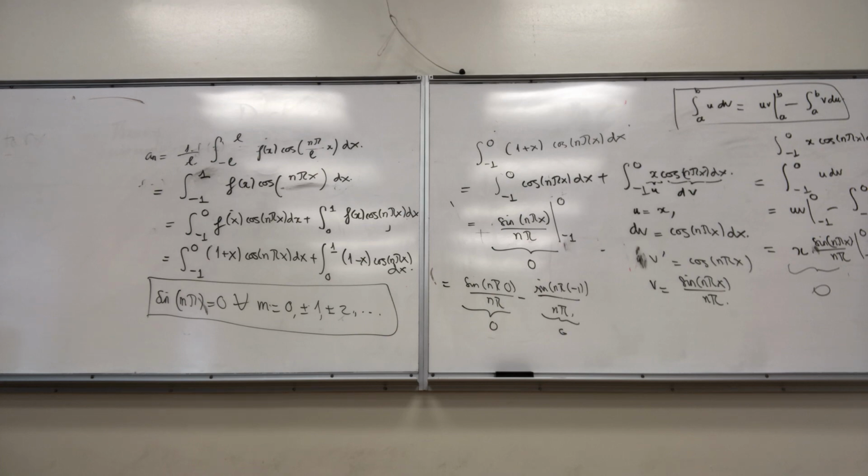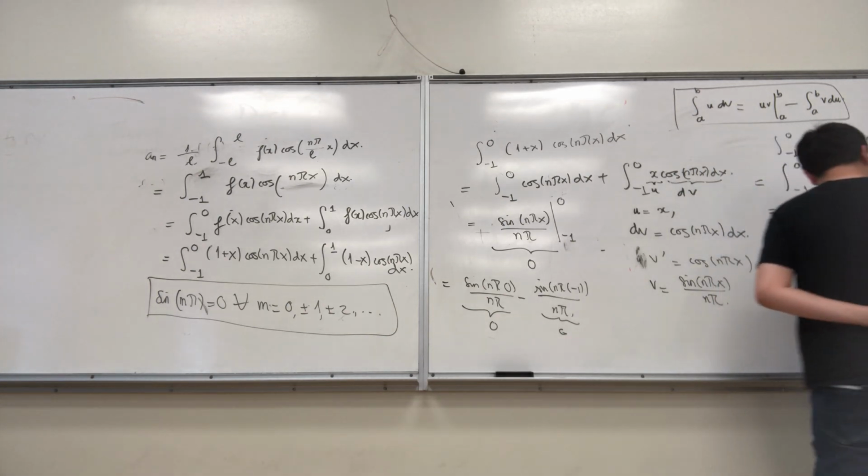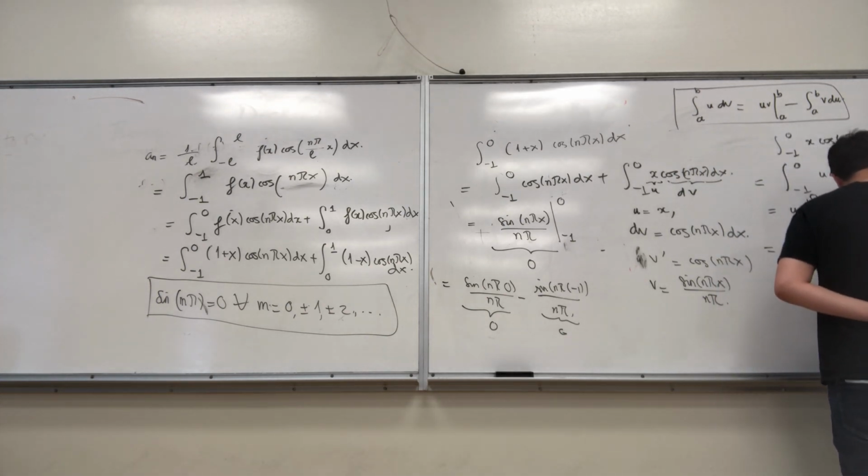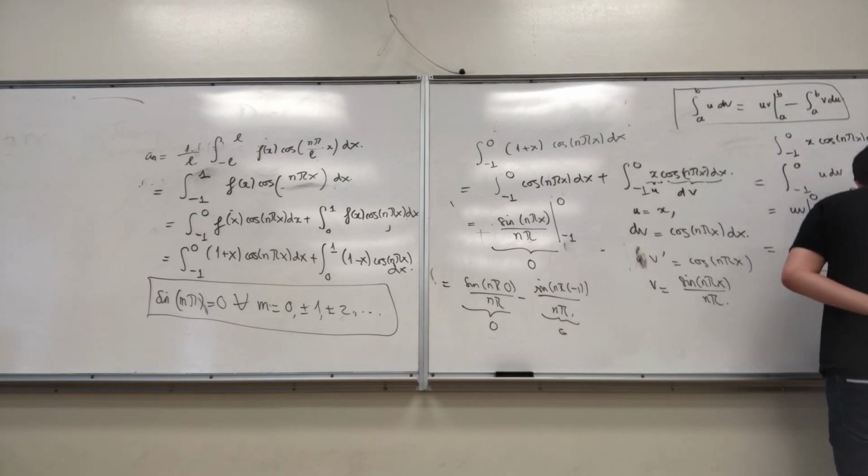You have the same thing, just change the range from minus 1 to 0. So I have 1 over n pi, that's like a constant, and the sine would be cosine over n pi x. So here I'm going to have cosine of n pi x, but here I'm going to divide by n pi squared.